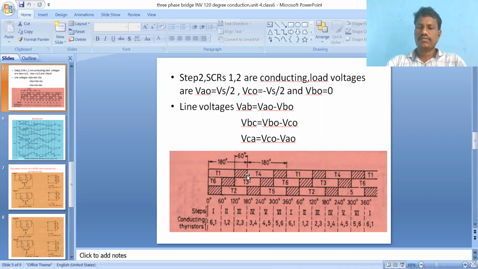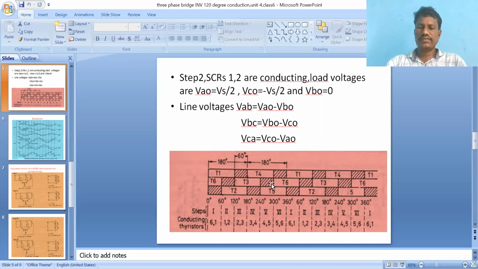That is the first limb. The second limb consists of T3, T6. The second phase has a 120-degree phase displacement with respect to phase A. So it starts conduction at 120 degrees. T3 starts and conducts at 120. 120 plus 120 is 240, so up to 240 T3 conducts.